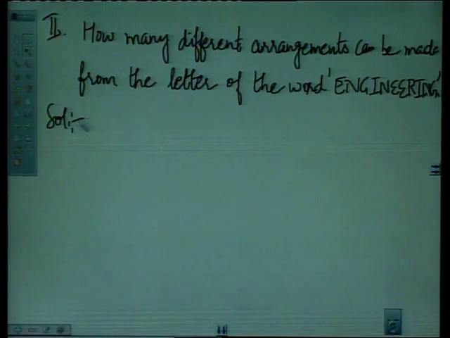Now, let us read once again the statement. We are to find different arrangements that we can make from the letters of the word engineering.